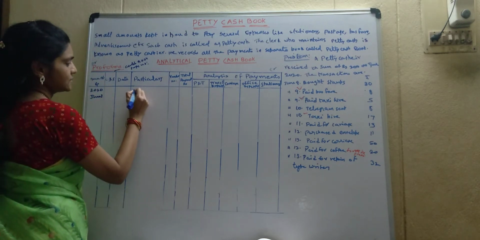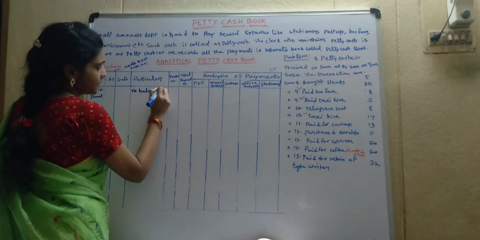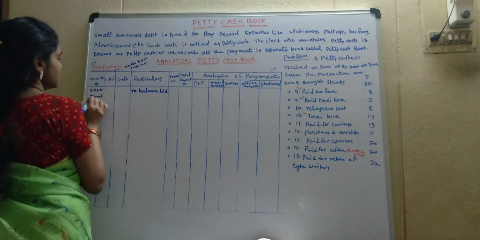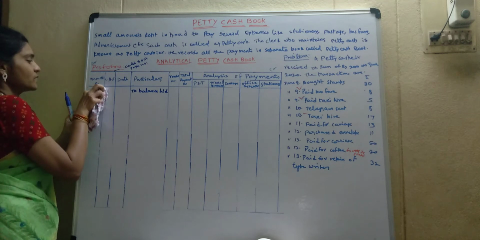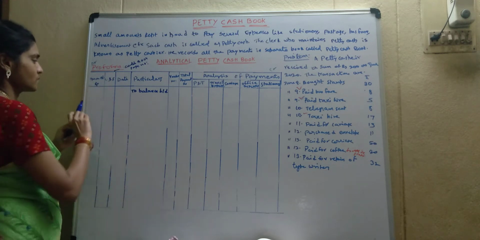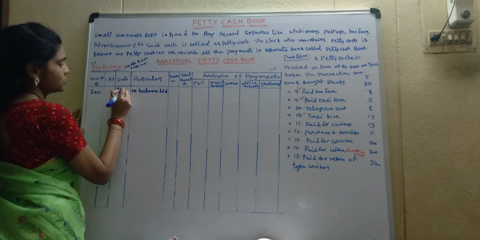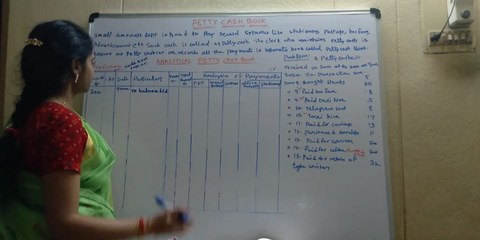To balance, what we write here? Brought down. Here we have to write the amount, 200, in the amount column, and the date here, June 7.